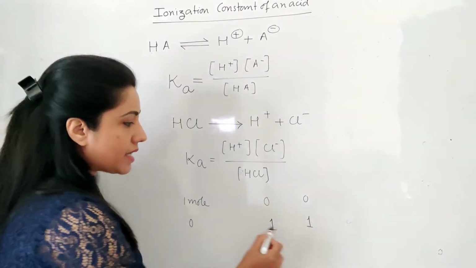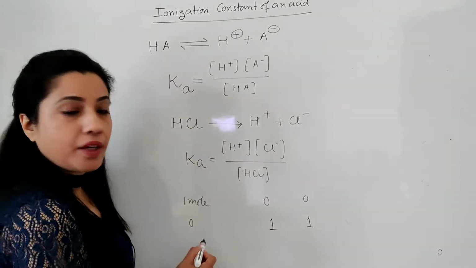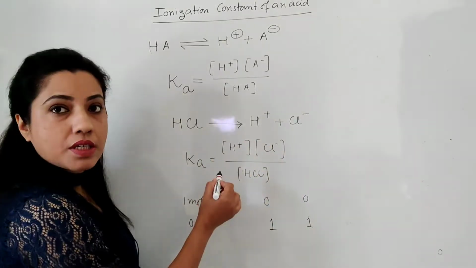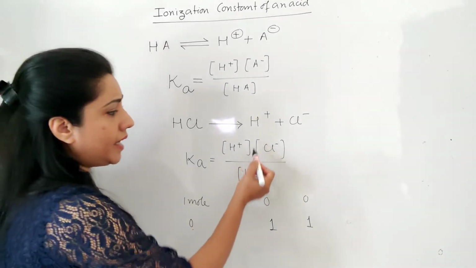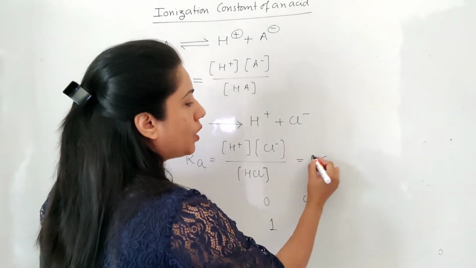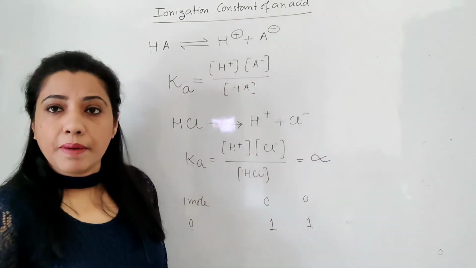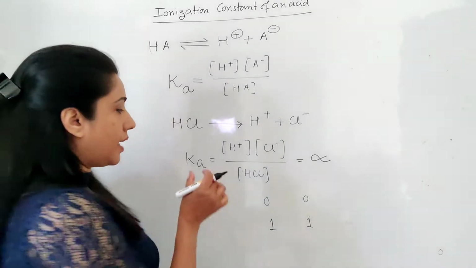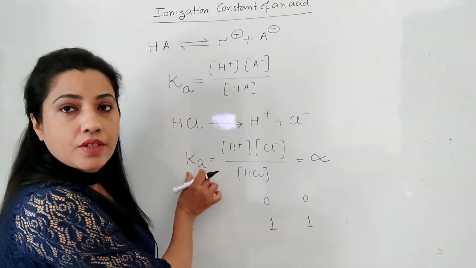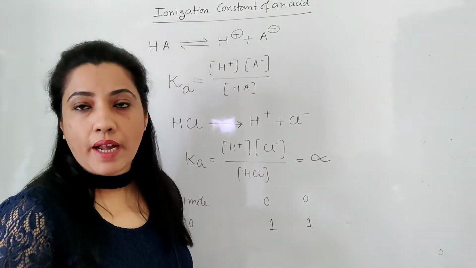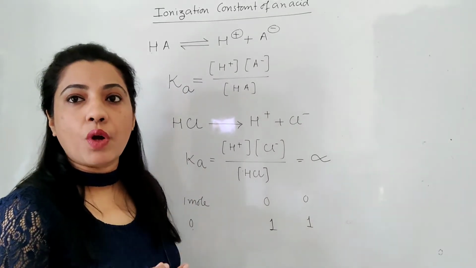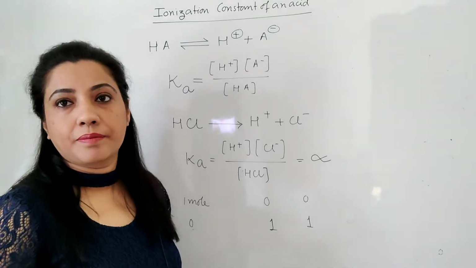So if you put these concentration values in the equilibrium constant, concentration of HCl becomes 0 and anything divided by 0 is not defined. That means for a strong acid, the K value is so large that we cannot define it. So we will not talk about the strong acids. In this chapter, we are going to talk about the weak acids.